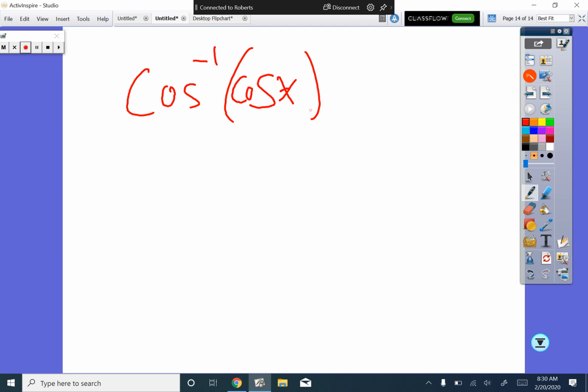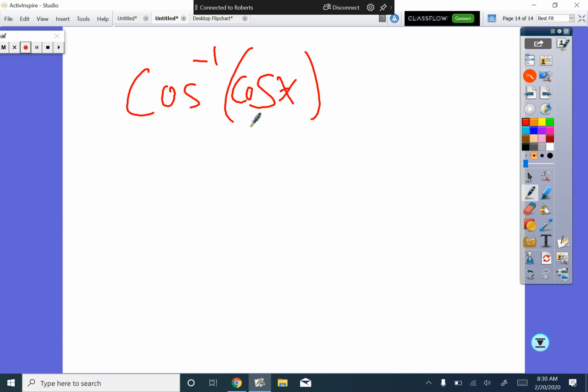Okay, I got a question for you. Let me ask you guys this question. If I had an inverse cosine of a cosine of x, what is that answer going to be? So let's really see what this is asking us.